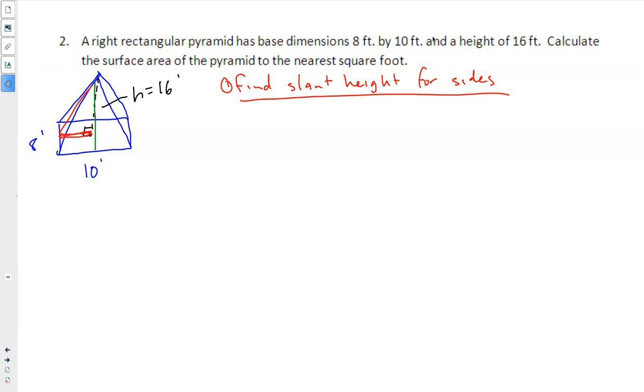So from the base there, I know that is going to be 5 feet, and I also know that the total height is 16 feet, okay? That kind of draws a right angle, okay? So now my slant height is going to be my hypotenuse. Okay, so I'm going to use S for that one here.